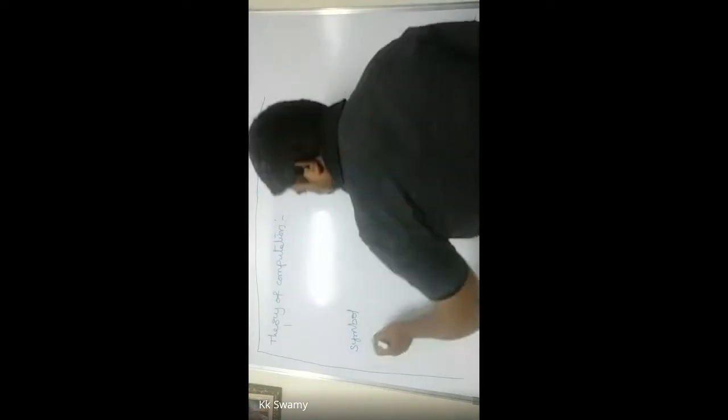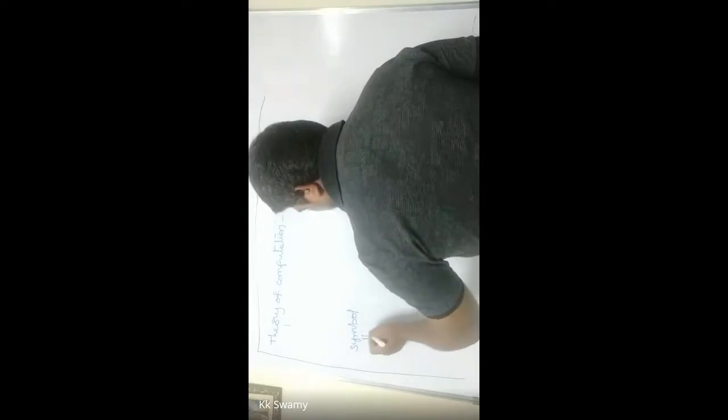First, we'll start from the symbol. Symbol means anything, any entity, any character is called a symbol. A symbol does not have any specific meaning. Comma is a symbol, full stop is a symbol, hash is a symbol, @ is a symbol. Whatever characters are available, all are called symbols. But from the set of symbols, we derive one concept called the alphabet.